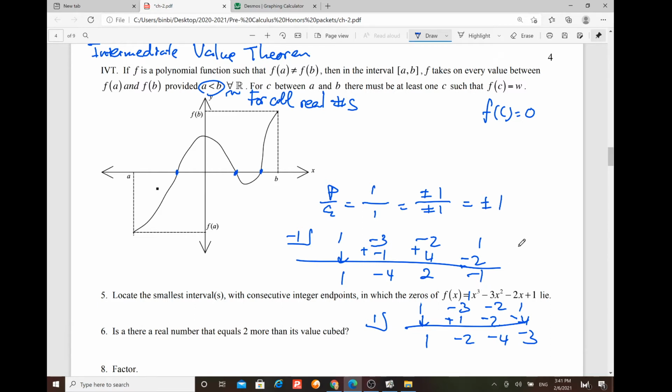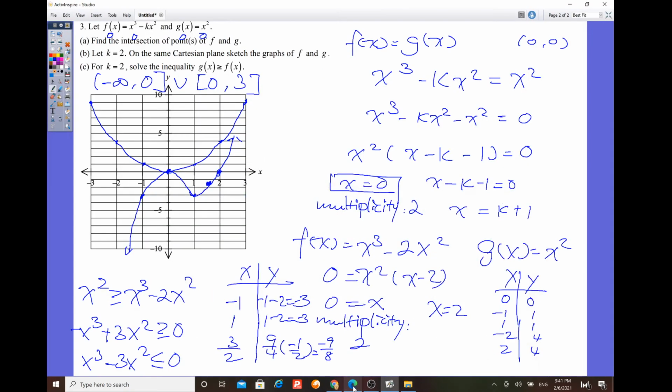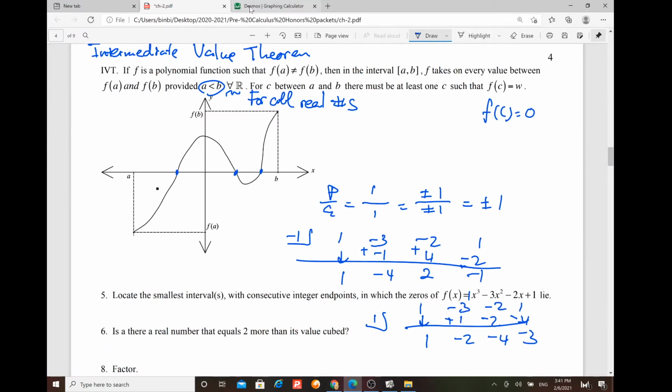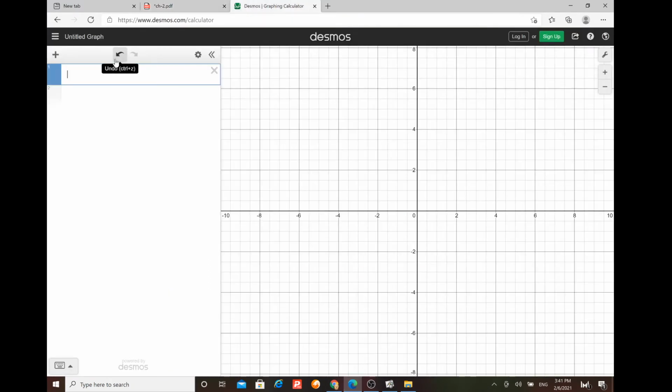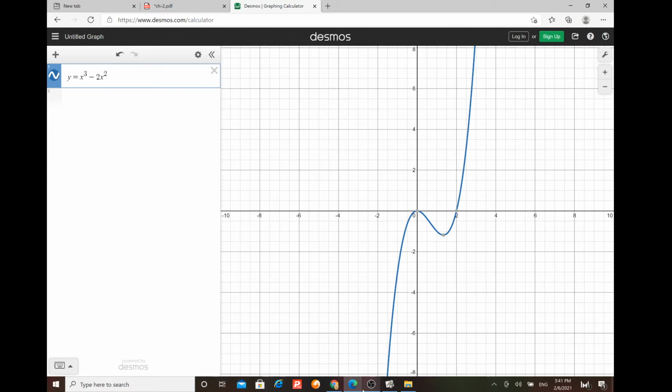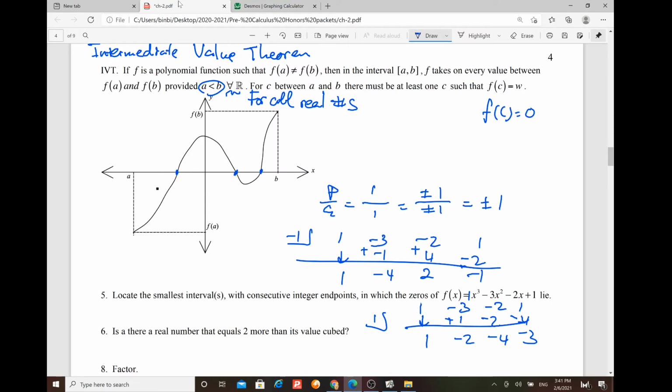So the interval in between: y equals x cubed minus 3x squared minus 2x plus 1.